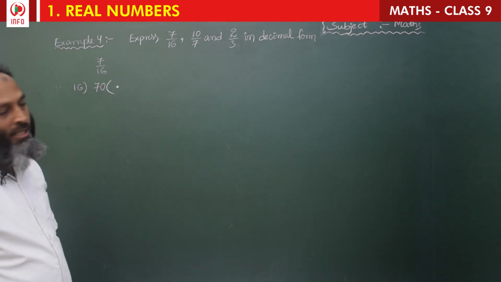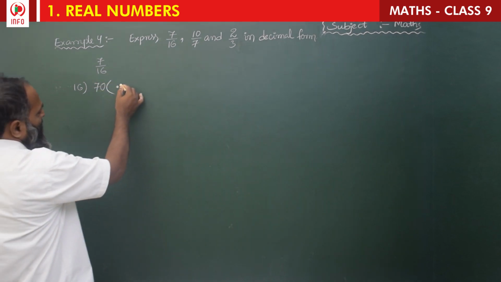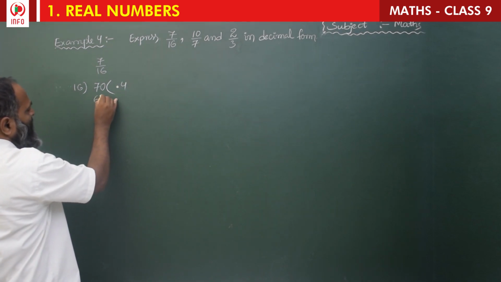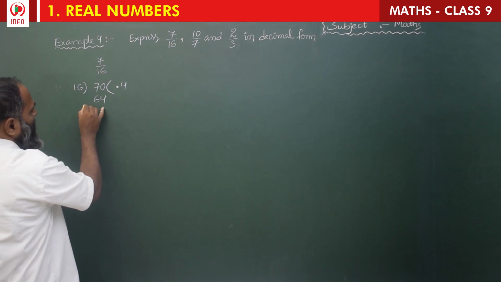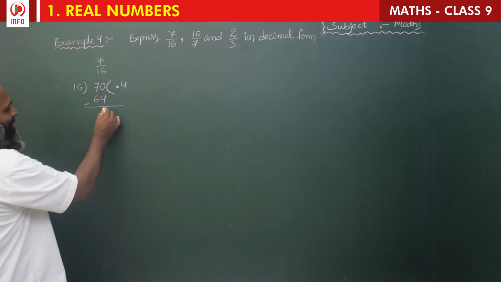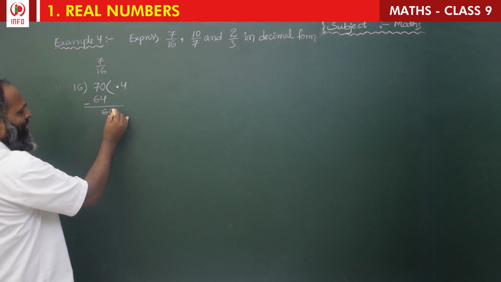16 5s are 80, 16 4s are 64. Then if you subtract, you will get 6 and then 60.